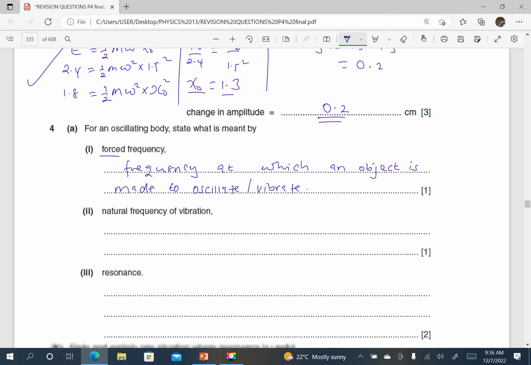The natural frequency, here the object is not being forced, it is not being made to oscillate. It is oscillating on its own. So the frequency at which an object vibrates when free to do so is what we call the natural frequency.